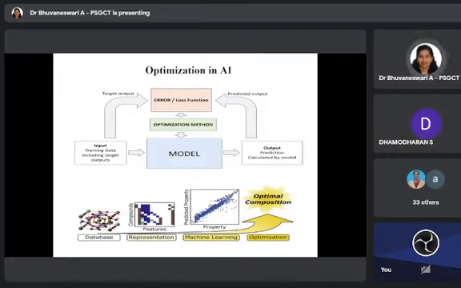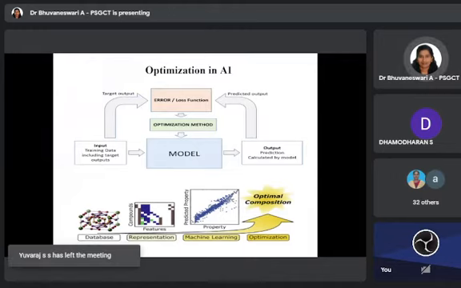That is what we call optimization in AI. If you have the input training data, you have the model, and then the output, which is the prediction, is calculated by the model. Once this sequence is fine, then it's okay.